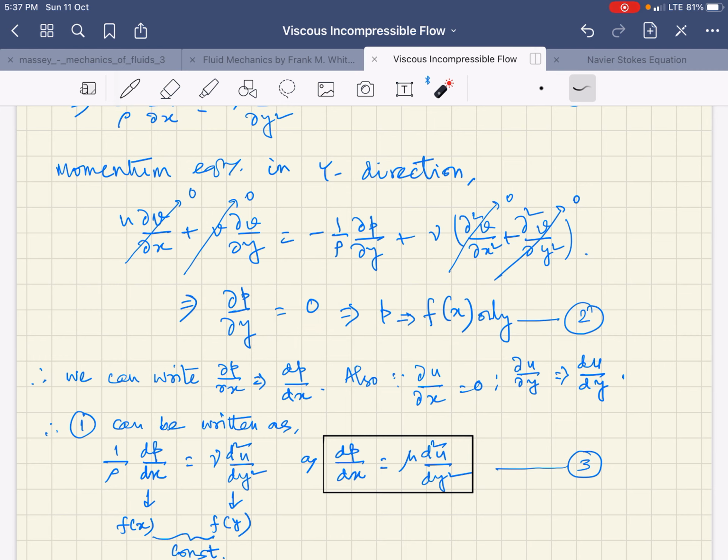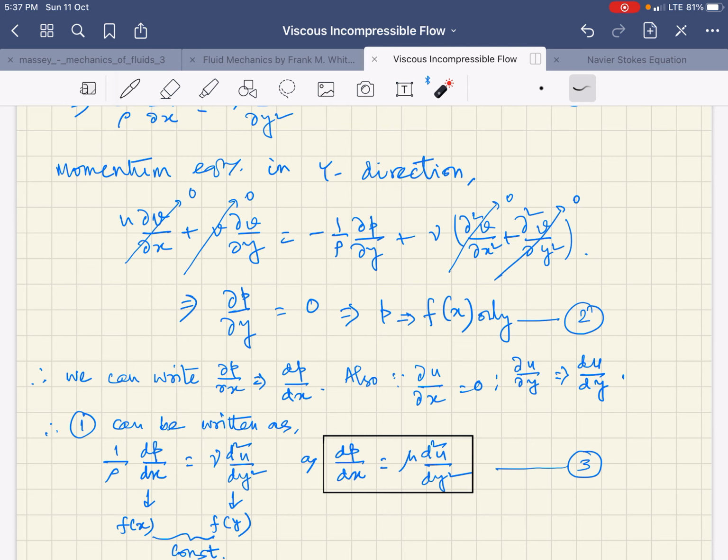That indicates this pressure p is a function of x only. Once it is a single variable function, we can write ∂p/∂x as dp/dx.